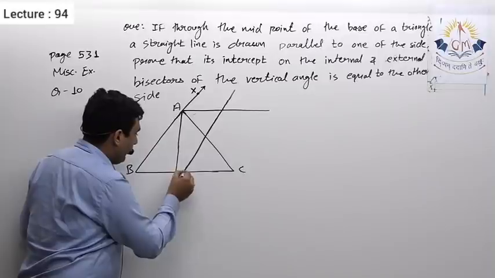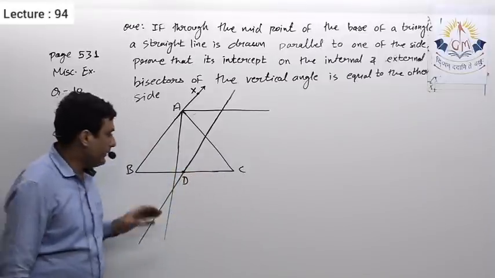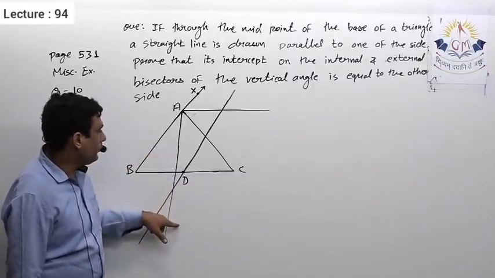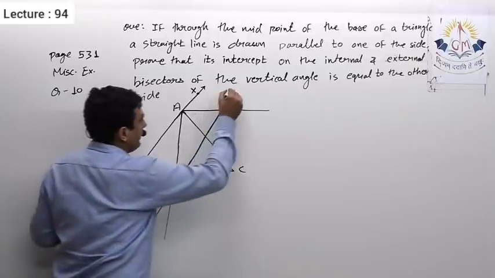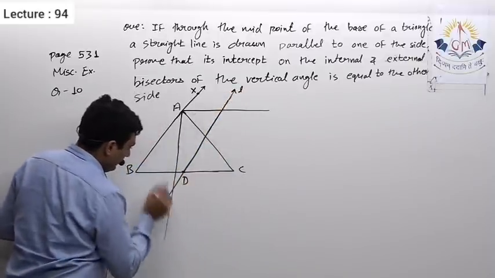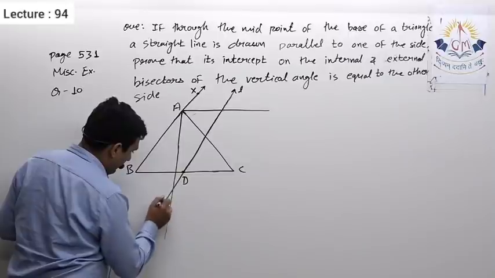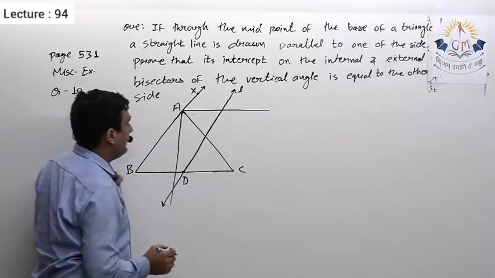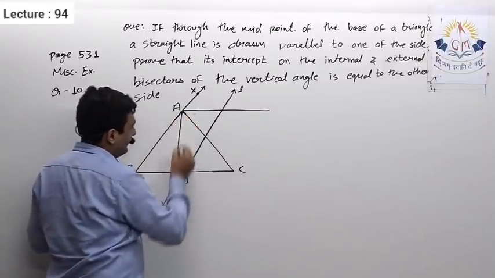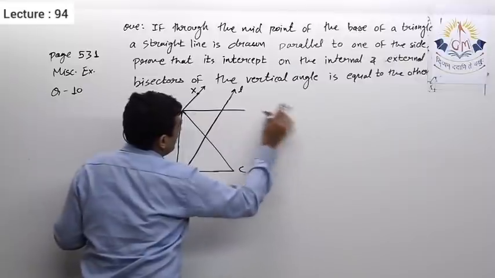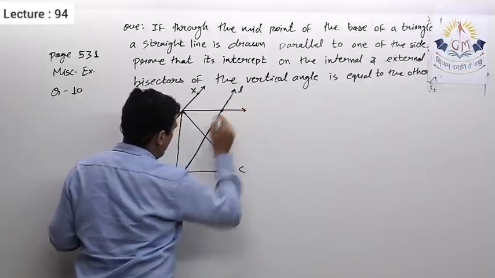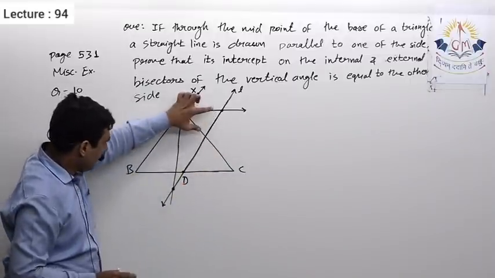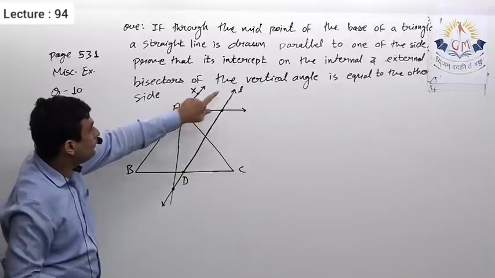If from the midpoint of the base of the triangle a straight line is drawn parallel to one of the sides, then you have to prove that the intercept of this line, suppose this line is L, between the internal bisector and the external bisector, this segment is equal to the other side.